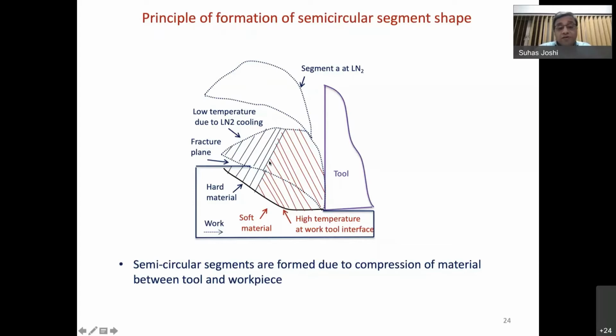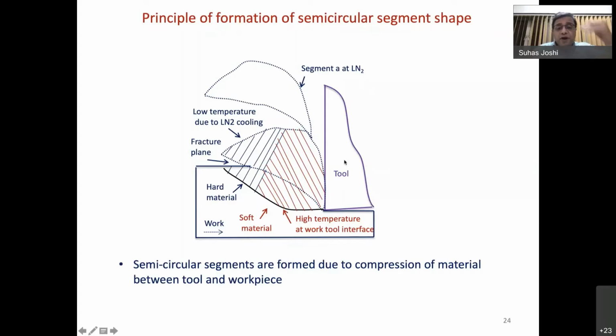The front section deforms in a brittle way, whereas the lateral section, which is at higher temperature, deforms in a plastic way. That's how you get that kind of semicircular segment. This is the crack formation or the fracture which comes up to a certain level, and then there is a folding of the material, or folding of the shear plane, which happens during the subsequent part, and that's how it gets semicircular kind of segments.